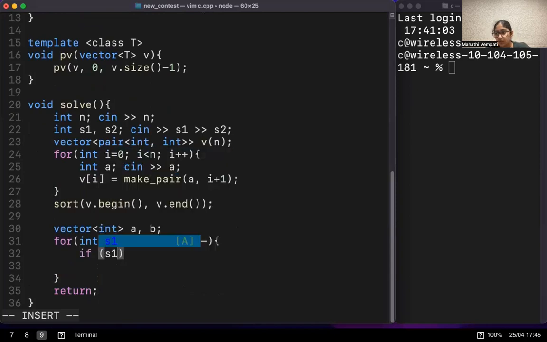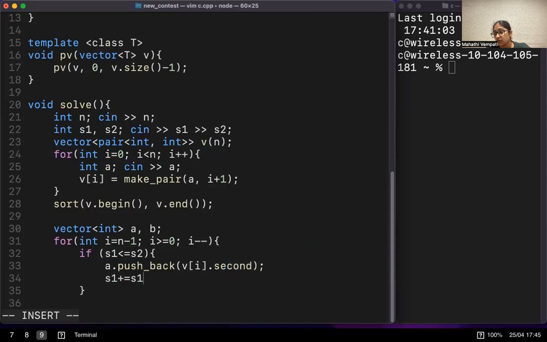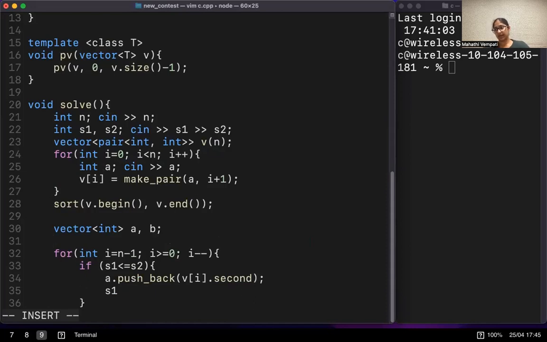If S1 greater than S2, dot push back P of I dot one plus equal to S1. Oh no, no, no, no. That would have screwed up so badly.